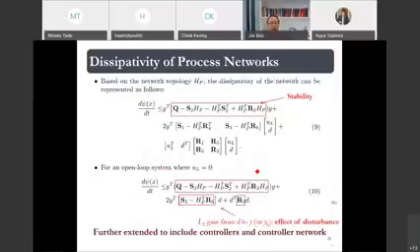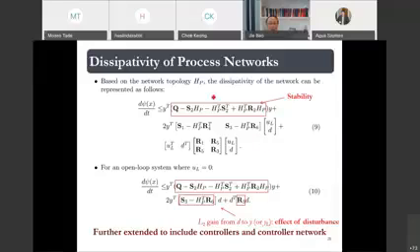Okay, so now if we have the network topology HP, which represents how the process units connect to each other, then we can write the overall dissipativity condition with the process interactions, or the interconnections, with that topology of HP, given here in equations number 9 and 10.